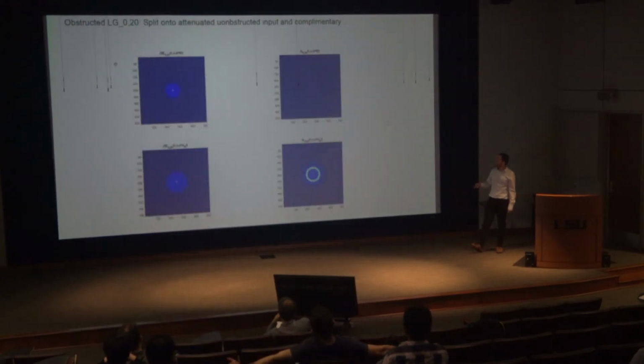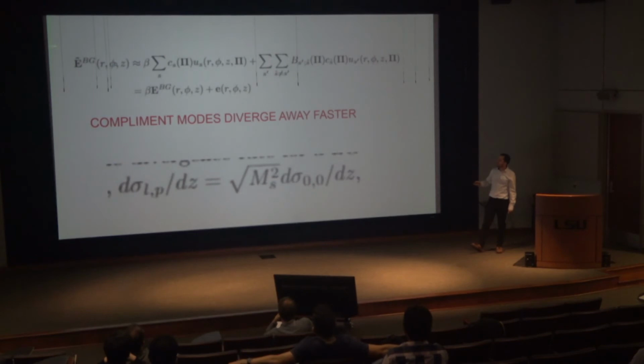That's why this beam interacting with some obstruction can be written down as the input beam, which is being attenuated by a factor, plus a complement, an error term.